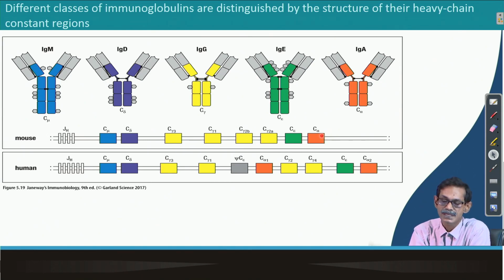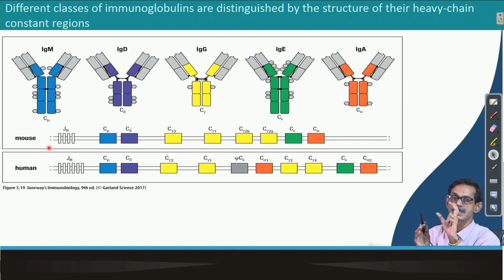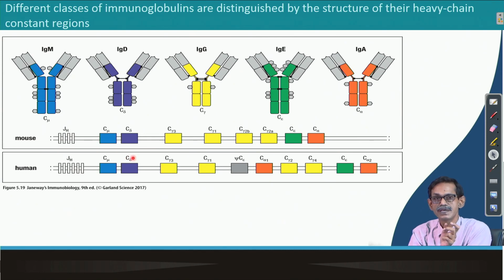What is happening after VDJ recombination? VDJ recombination is over, and it gives only the variable region. After the variable region, the constant region comes. Which constant region comes depends on what the final isotype is going to be.